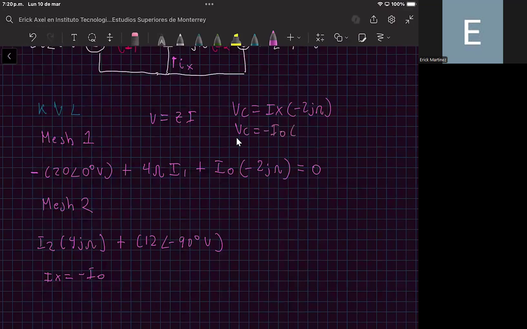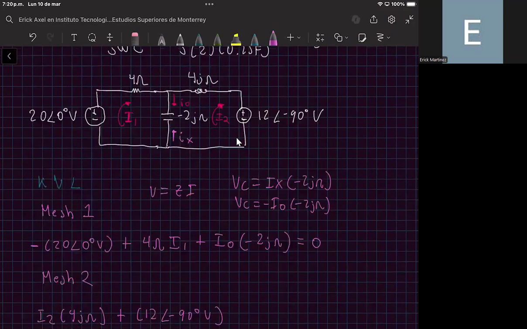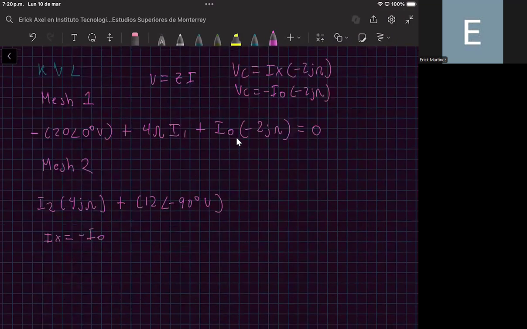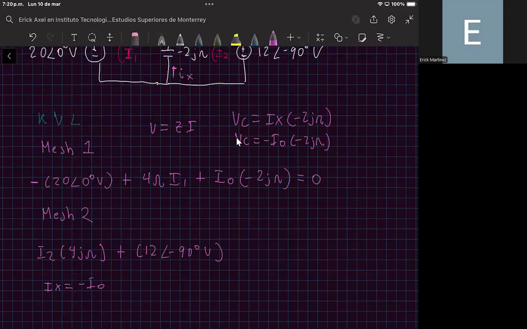And this is minus 2J ohms, okay? So that is very important because now I am analyzing based on the direction of this current, okay? So we can substitute this: the voltage of the capacitor for mesh number 2 is plus minus I sub 0 times minus 2J ohms, and this is equal to 0, okay?